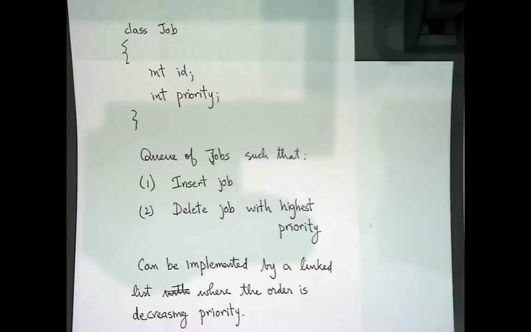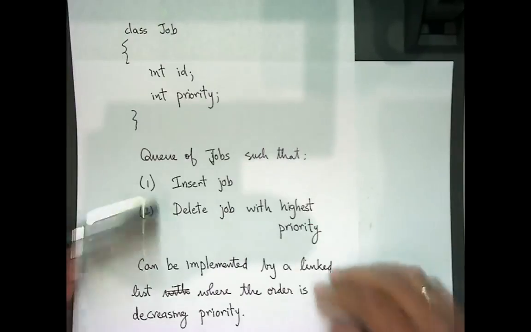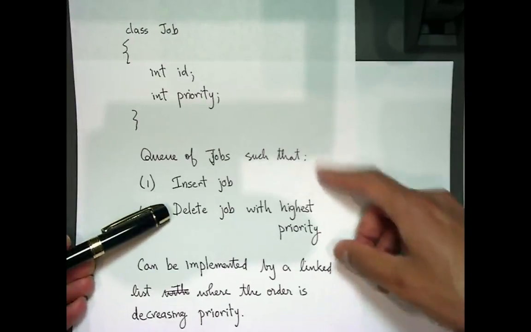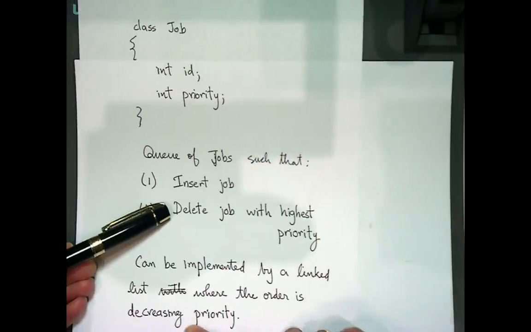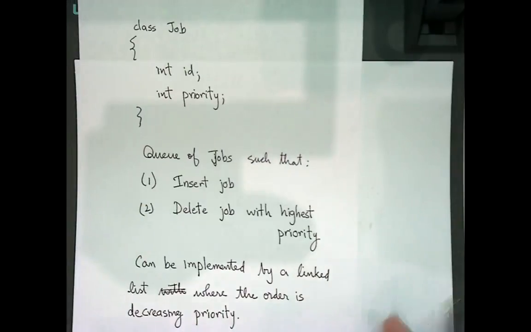Why decreasing and not increasing? Yes? Exactly. It's decreasing because the highest priority would be the head. And so if you instead wanted to delete the job with the lowest priority, you would make this increasing.